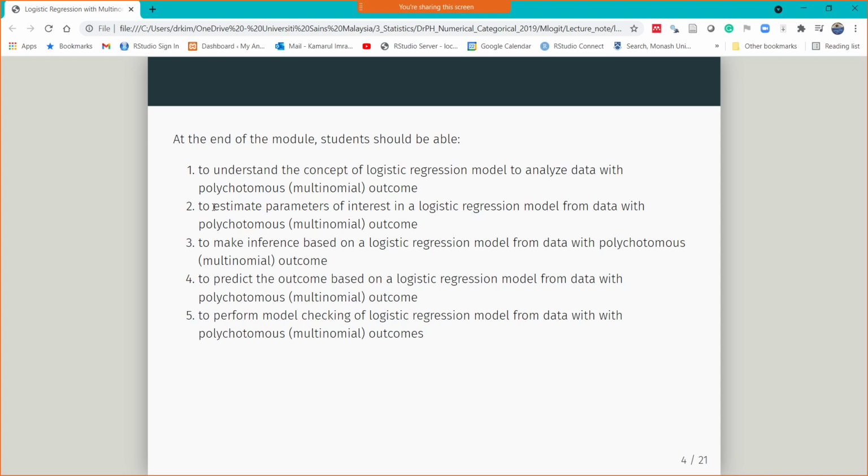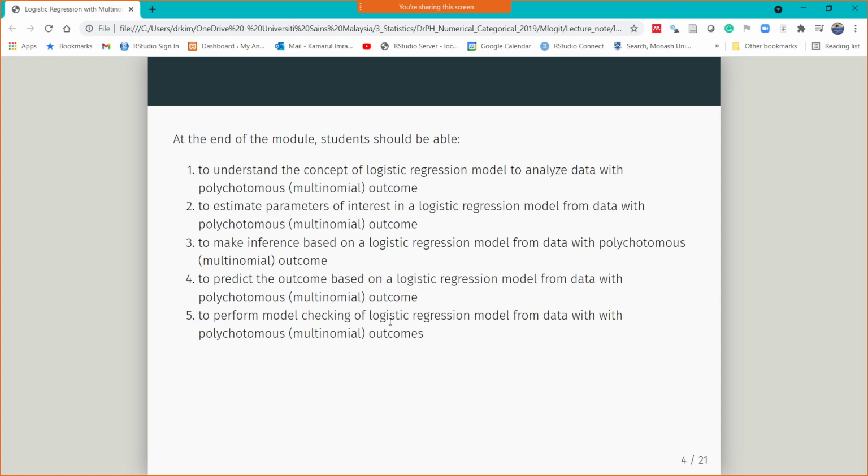Those are the things, 3 or 4 things only. To be able to make inference based on the model, and then to be able to predict the outcome based on the model, and to be able to perform model checking.